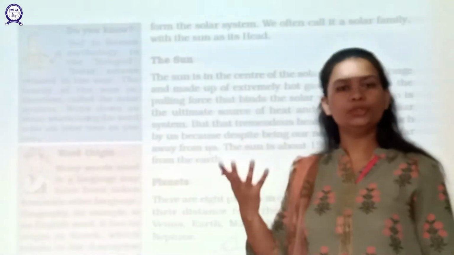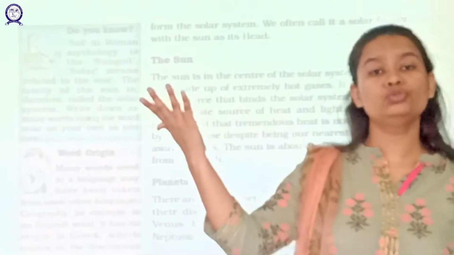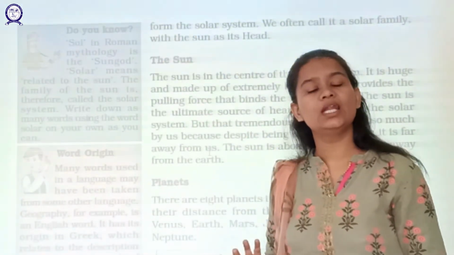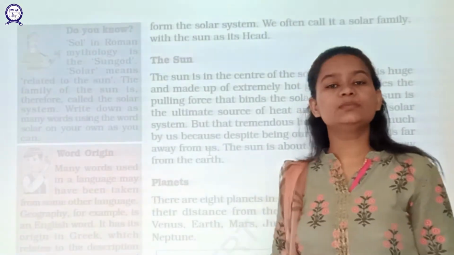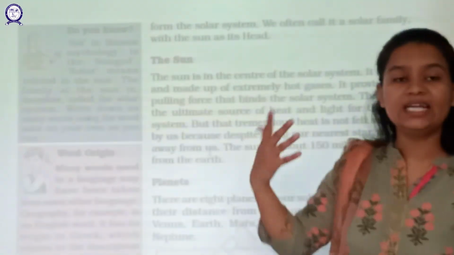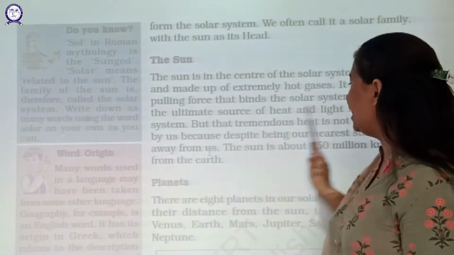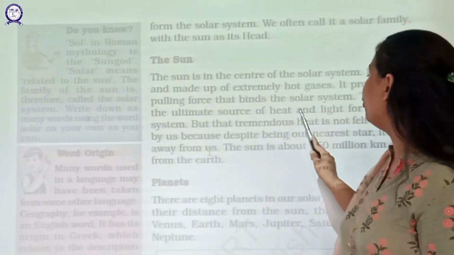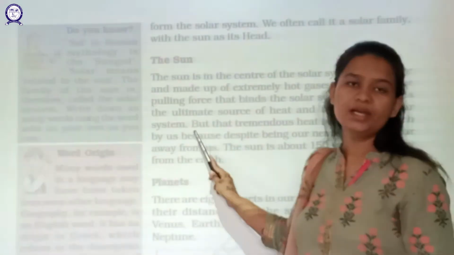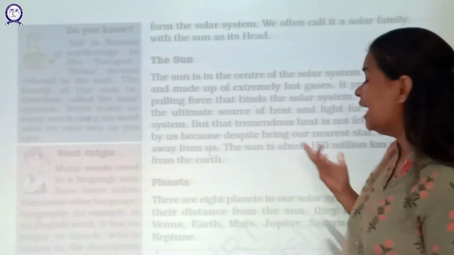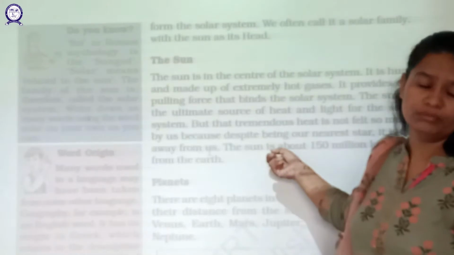During daytime we see a large amount of light. Why is that? That is because of the sun. That light belongs to the sun only. So we can say that the sun is the ultimate source of heat and light for the solar system. And the sun is also very far away from the earth.